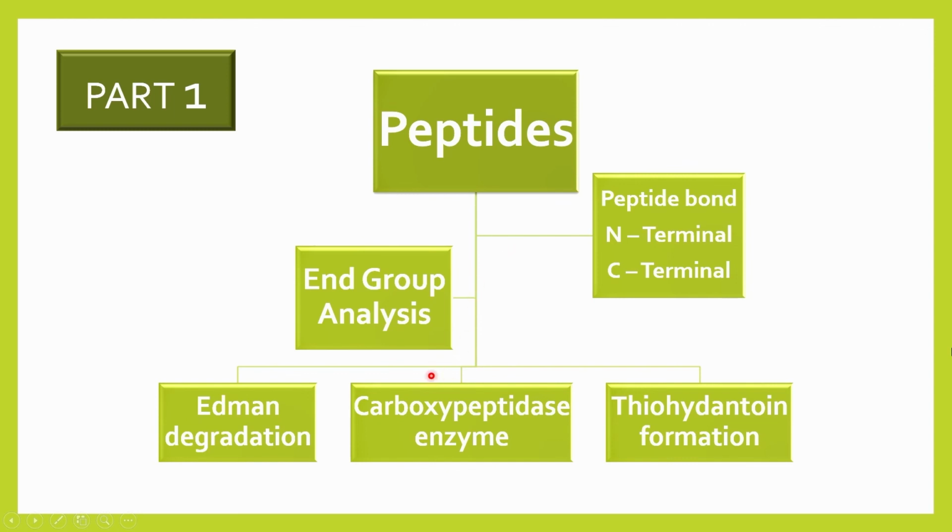Next, we moved on to the end group analysis, which means we identified if the end of a polypeptide chain had a free N-terminal or C-terminal. So to identify an N-terminal, we used the Edman degradation method, and for C-terminal, we used two methods, the first being the carboxypeptidase enzyme and the second being thiohydantoin formation. So I hope this video was clear, and thank you everyone for joining.